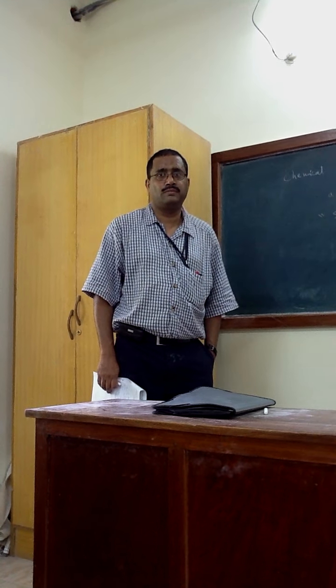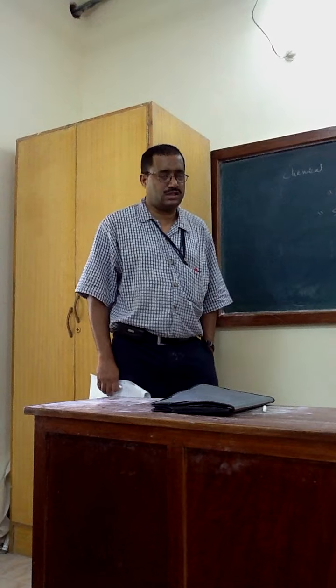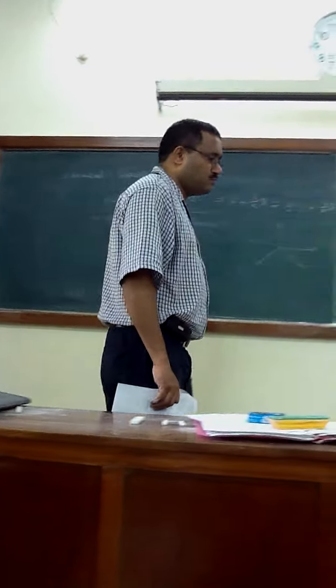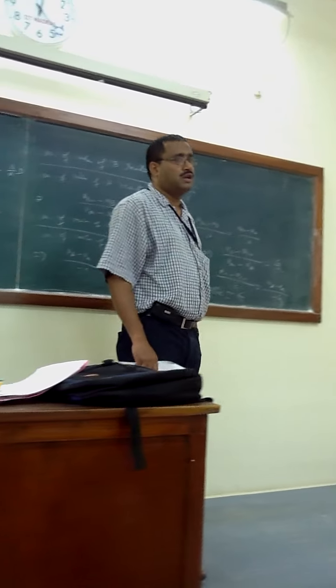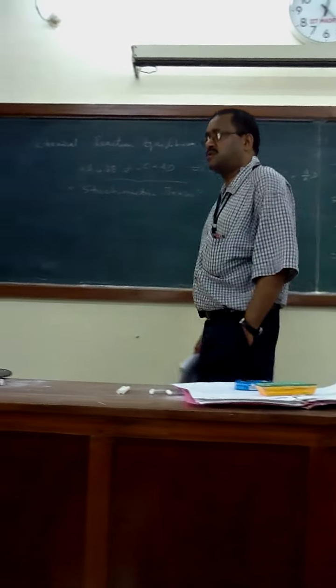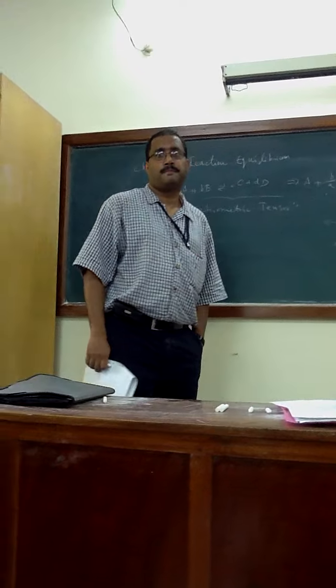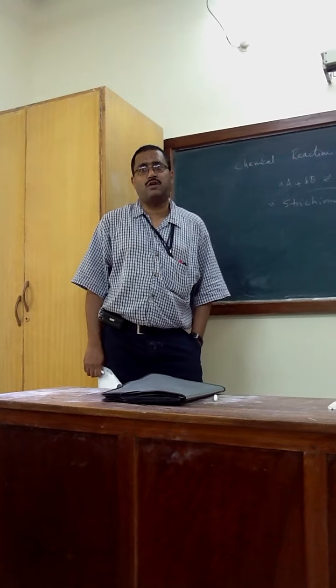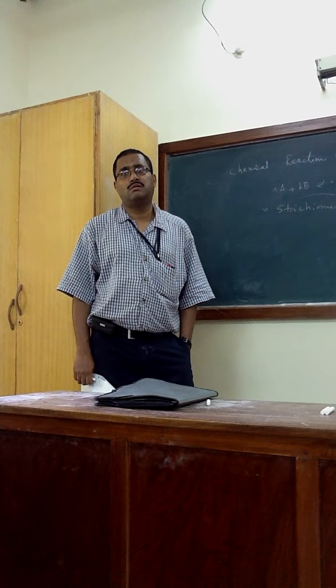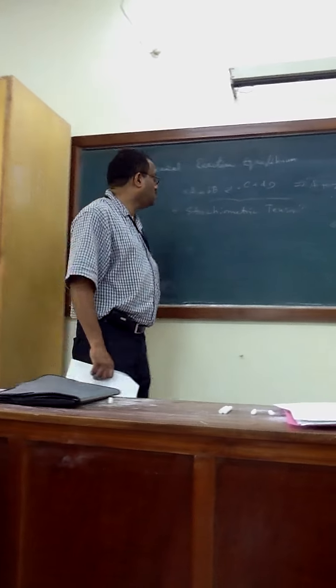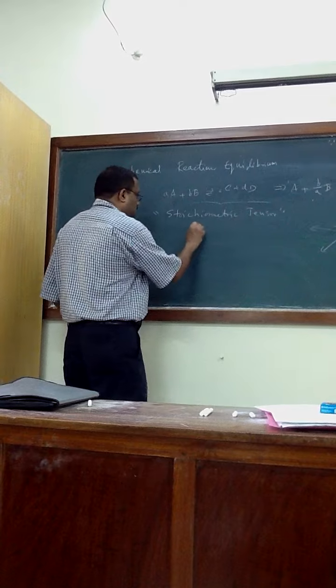Any idea? If I have say 15 reactions, out of that maybe 10 reactions are independent, 5 are dependent. How to find the number of independent chemical reactions? Row echelon form.